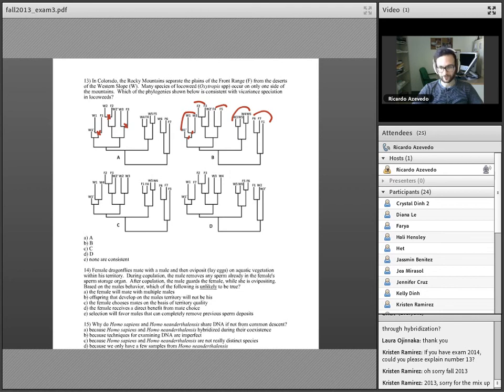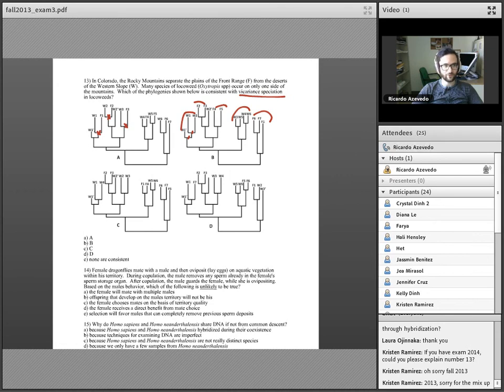Number 13. In Colorado, Rocky Mountains separate the plains of the Front Range from the deserts of the western slope. Many species of local weed occur on only one side of the mountain. Which of the following is considered a vicariance speciation? Vicariance speciation should be allopatric speciation, meaning you have two populations in two different geographic locations and they end up being two species.